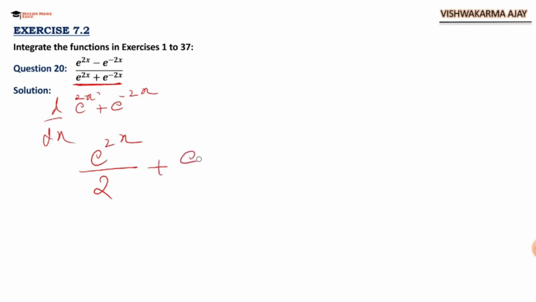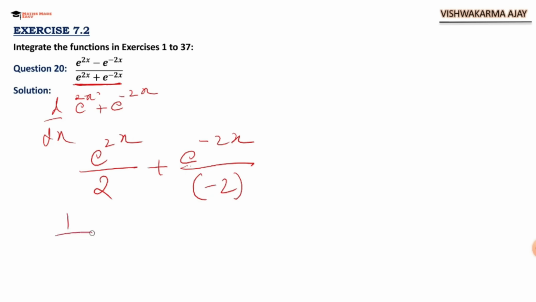A similar kind of question. You can see the derivative is available for this one. When you write d upon dx of e raised to 2x plus e raised to minus 2x, it is e raised to 2x divided by the derivative of 2x, that is 2, plus e raised to minus 2x divided by the derivative of minus 2x.